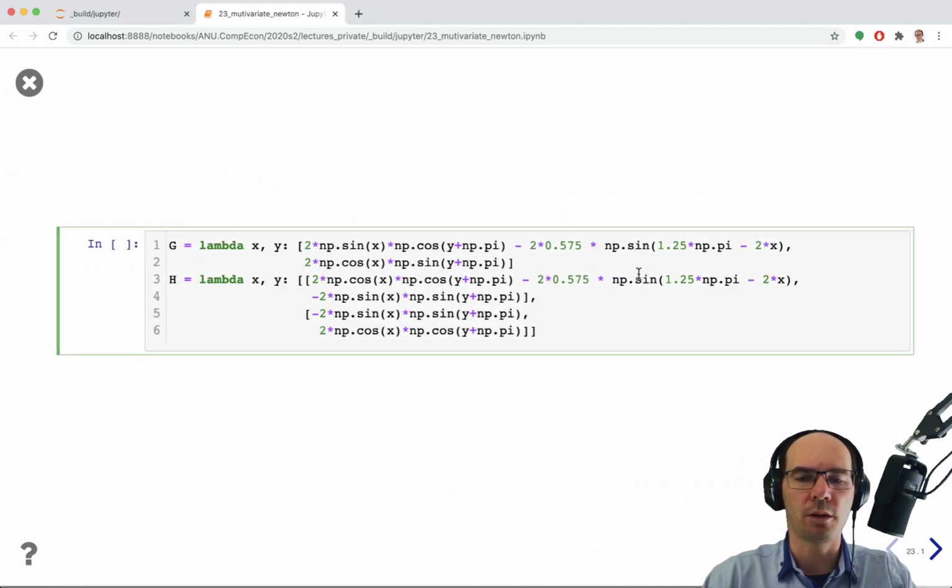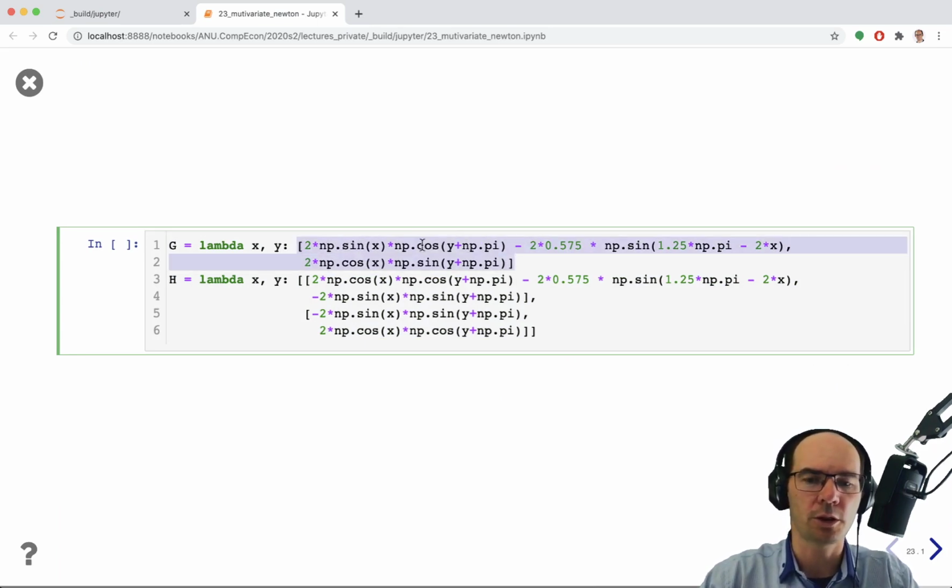Okay, now I've coded up the gradient of f, the Hessian of f, and the Jacobian of g as just lists of functions, or rather a lambda function of two variables that returns a list. That's what it is, right? So it's a lambda function of x and y, and it returns two numbers.